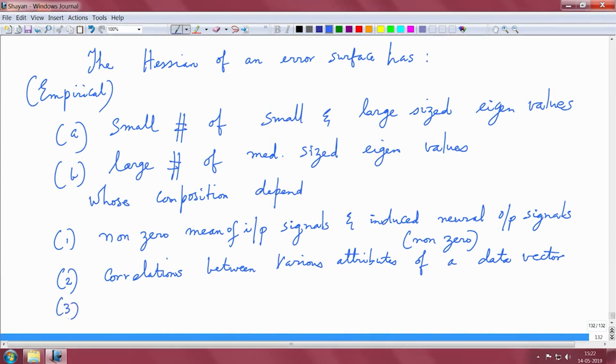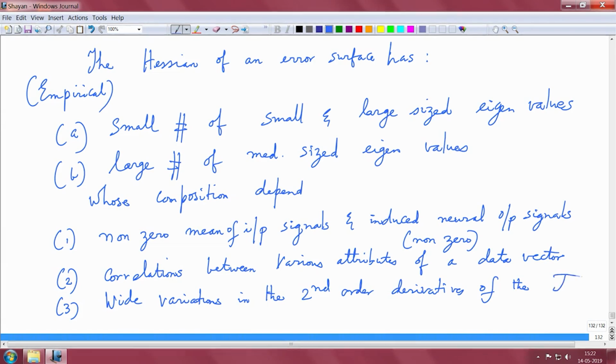Last but not the least, there could be wide variations in the second order derivatives of the cost with respect to the weights from one layer to the other, right.